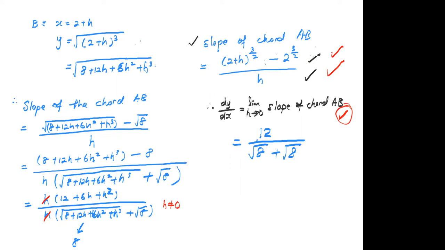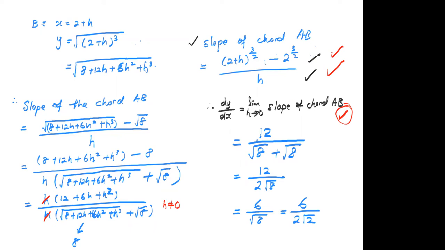Okay, so how to simplify this? This will be 12 over 1 root 8 plus 1 root 8. I got 2 root 8. Okay, so I can simplify this, become 6 over root 8. Then root 8, I can also simplify it to become 2 root 2. Any question on that?